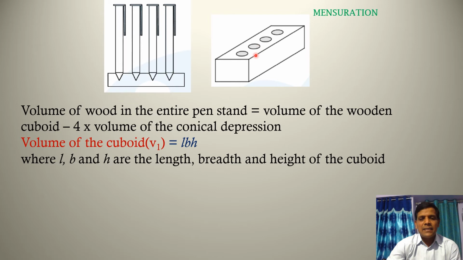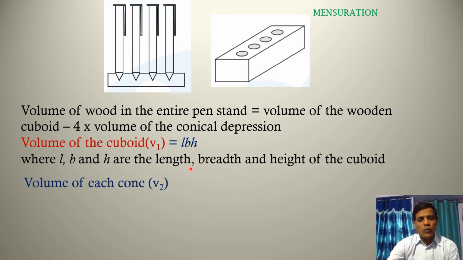After that, the volume of wood in the entire pen stand equals the volume of cuboid minus 4 into conical depressions. So what is the formula for the volume of a cuboid? Volume of a cuboid equals length into breadth into height. Here l is length, b is breadth, and h is height of the cuboid. And next one, cone.